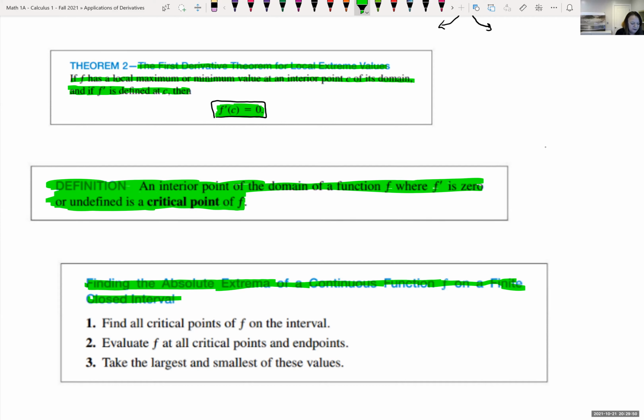By the extreme value theorem, it has an absolute max and absolute min. First thing you're going to do is find all the critical points of f on your interval. So you're finding again where f prime of x equals 0 and where f prime of x is undefined.